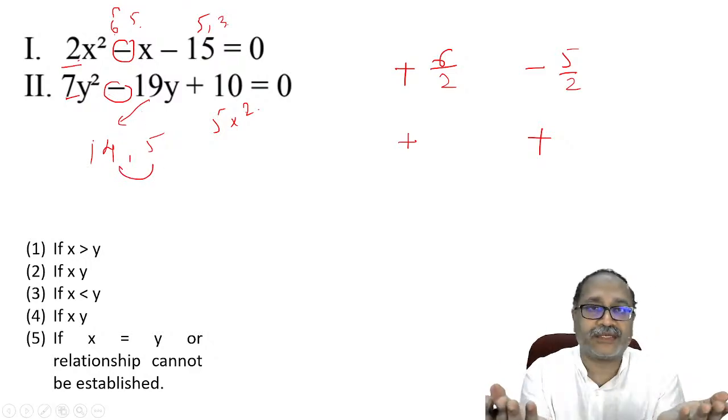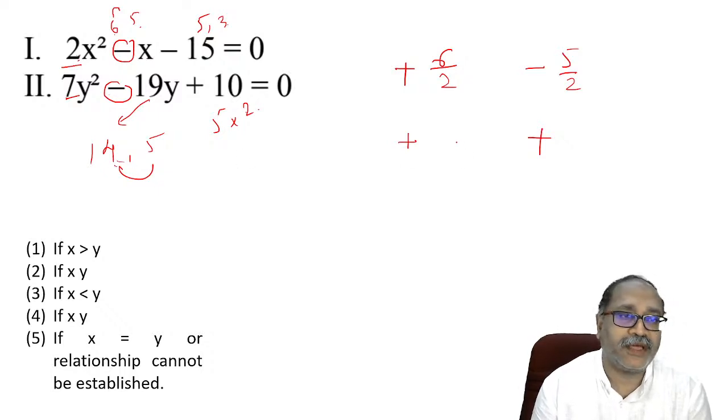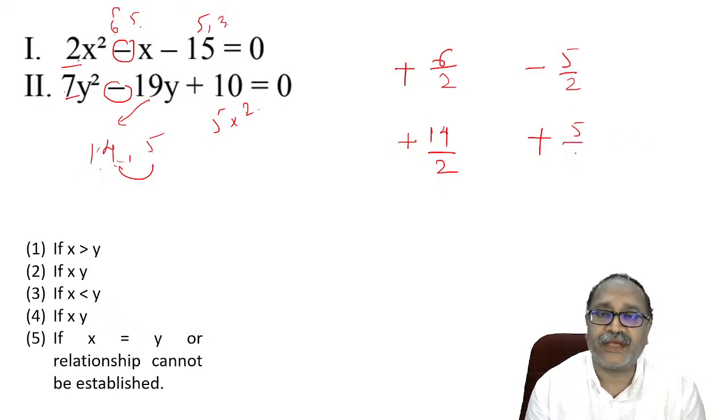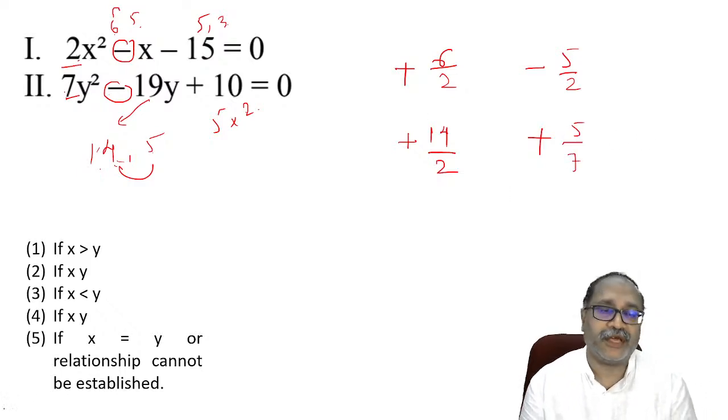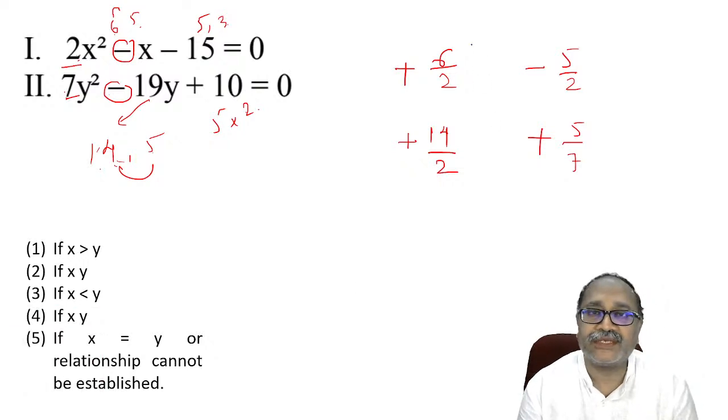Now, what do we do over here? That 14 will come over here, and 14 by 7. I am purposefully writing every number in a very neat way. That is 5 by 7. Done. Now when I take these values, this is 3 and this is 2.5.